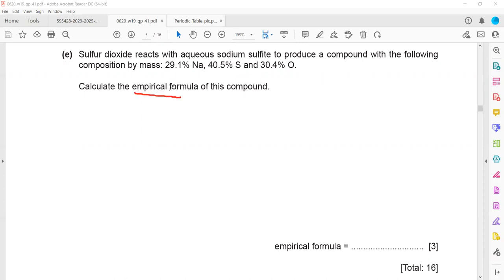What are the steps for finding the empirical formula? We divide by atomic mass, then we divide by the smallest value, and after that we round off. We have sodium, Na, that is 29.1%. We have sulfur, which is 40.5, and then we have oxygen, that is 30.2%.